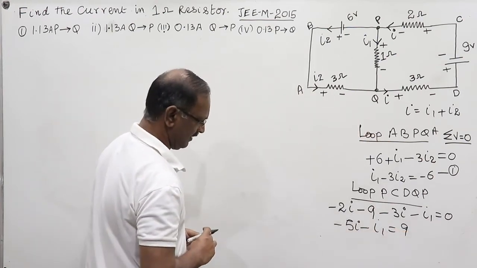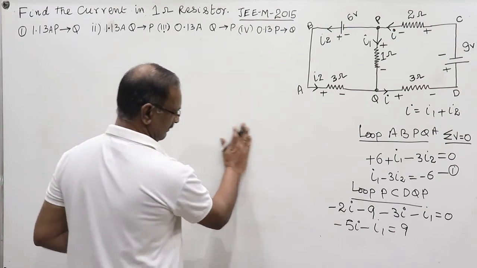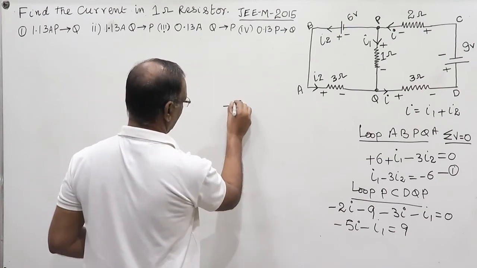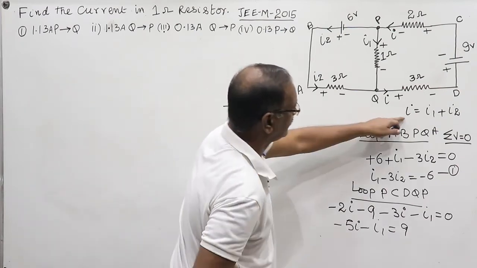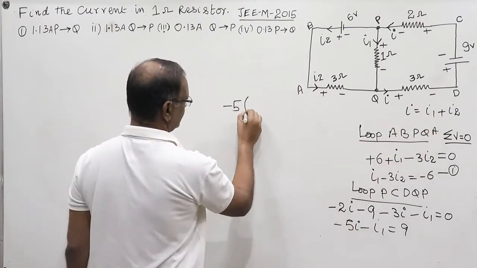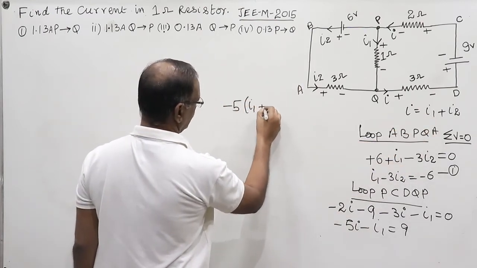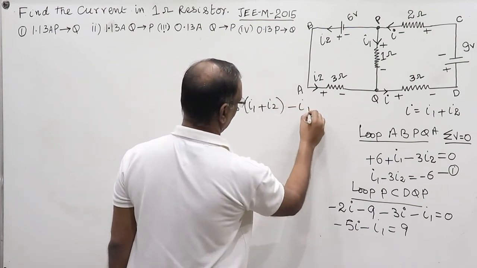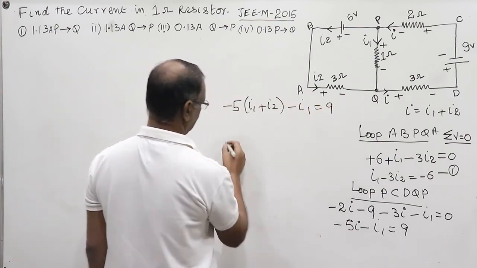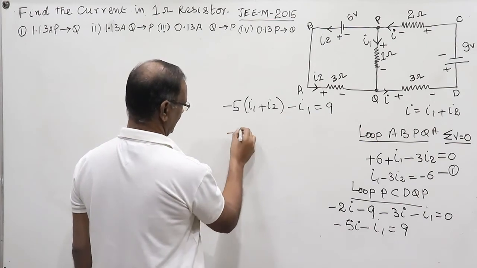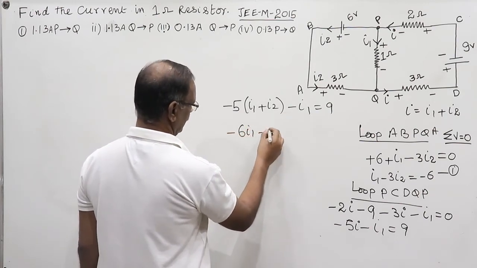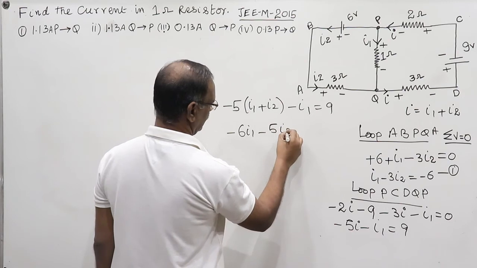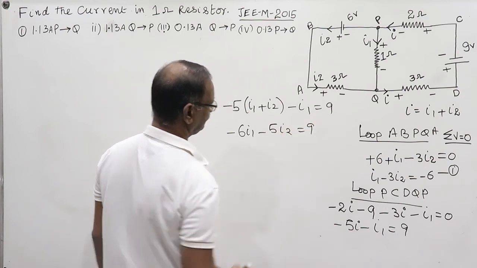We can write minus 5I, so this equation can be written as, since I is equal to I1 plus I2, minus 5 times (I1 plus I2) minus I1 is equal to 9. That is minus 5I1 minus 6I1 minus 5I2 is equal to 9.